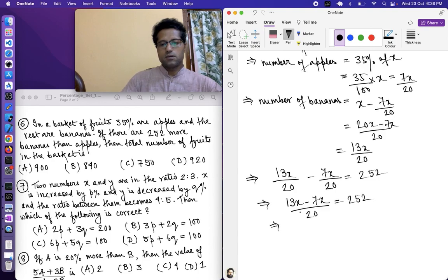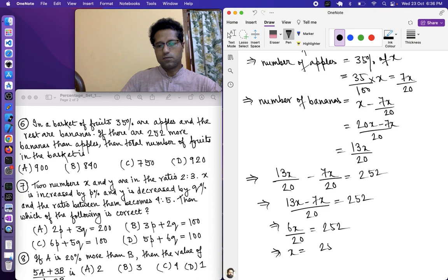This implies 13x minus 7x is how much? 6x. 6x by 20 is equal to 252. This implies x is equal to 252 divided by 6 by 20.